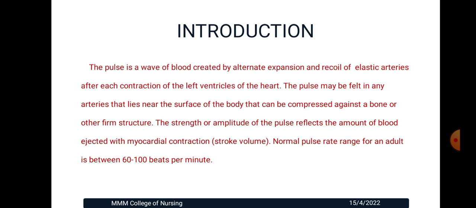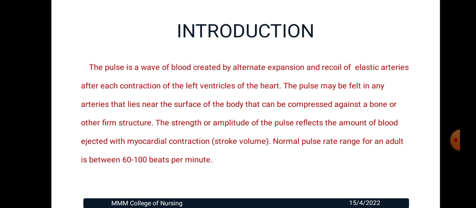Introduction. The pulse is a wave of blood created by alternate expansion and recoil of elastic arteries. After each contraction of the left ventricle of the heart, the pulse may be felt in any artery that lies near the surface of the body and can be compressed against a bone or other firm structure.